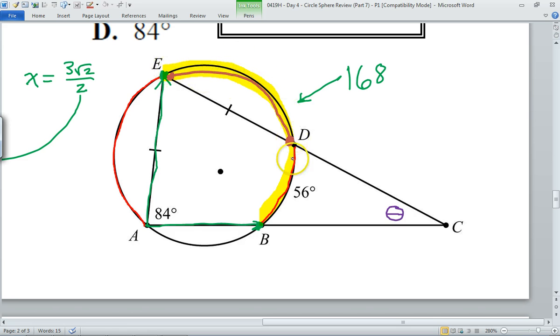If the whole arc is 168, and this little piece over here is 56, so I'm about to do 168 minus 56. And that should give me this piece in here. Is that 112? Okay? So that's why this piece right here is 112 degrees.